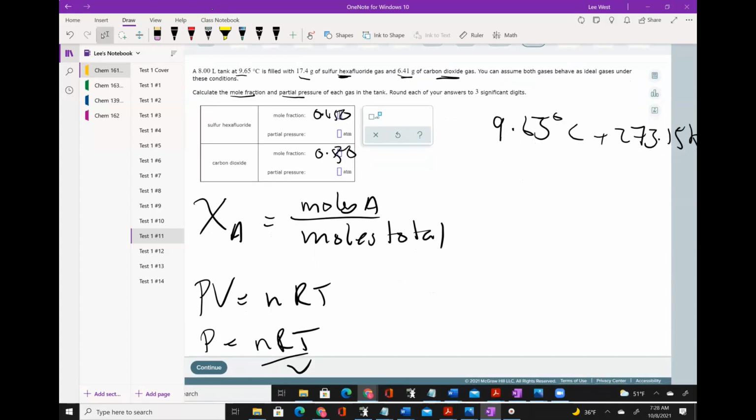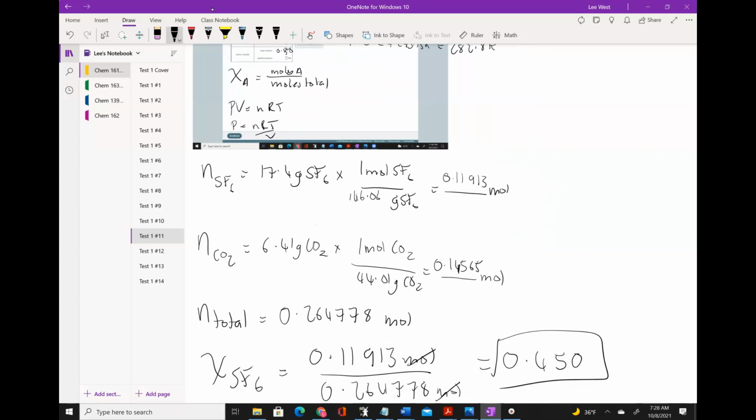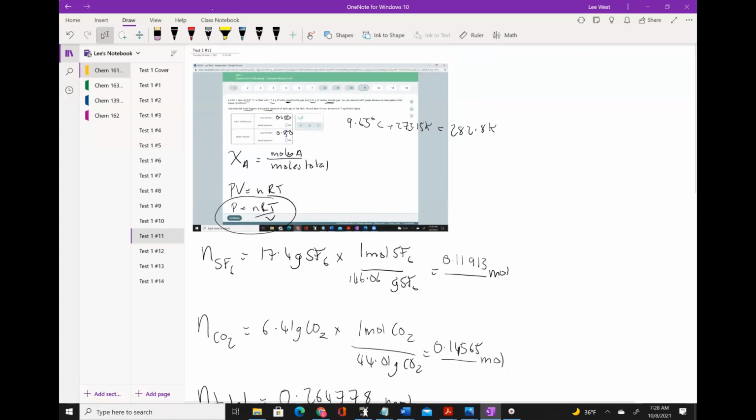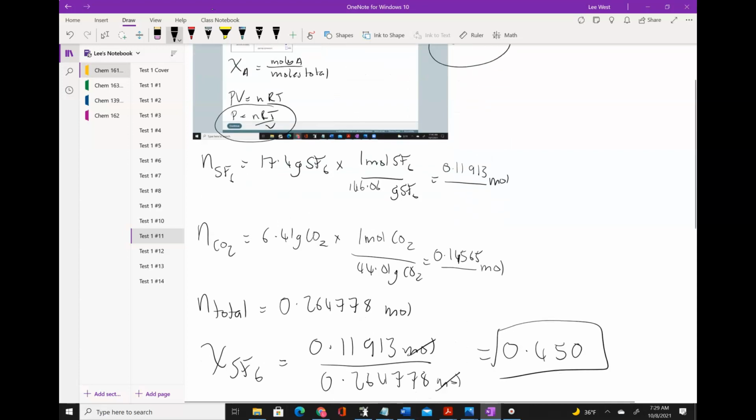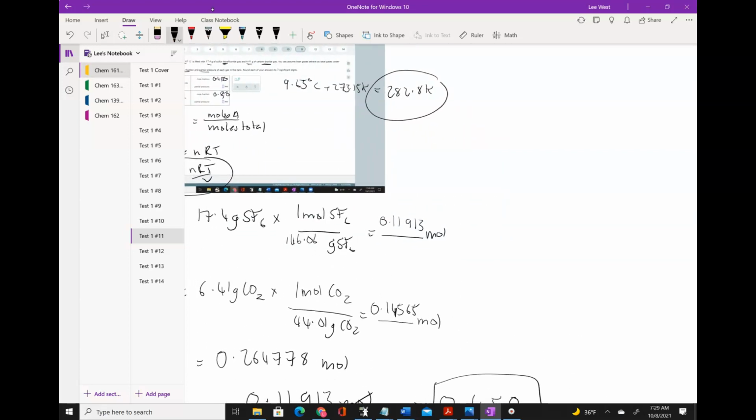Now calculating the partial pressure of each one is just going to be plug and chug in the ideal gas law. We kind of did the hard work with respect to calculating the moles of each of those things. So we've got our temperature in Kelvin, our volume is 8 liters, and we've got the number of moles of each component. We are good to go. So let's just do it over here.